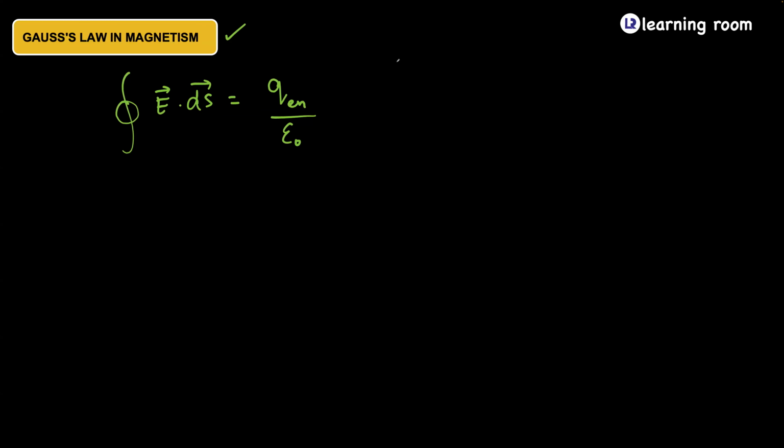Gauss law in magnetism will be in a similar format: the surface integral of B vector dot dS vector. This should not be compared with Ampere's circuital law, because in Ampere's law you have dl vector, that is the line integral of B vector dot dl vector. Here it is a surface integral of B vector dot dS vector, which is over the area.